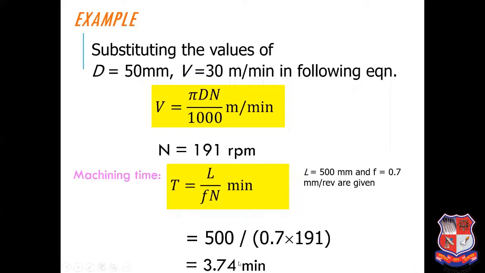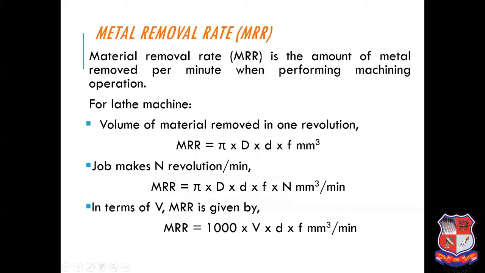So L, the length of the job, is given, L = 500 mm. Instead of saying L is the length of the job, we can say that it is nothing but the total tool travel. F is given as 0.75, and we have found out N. Therefore, by putting the values of the parameters, we will get the machining time of 3.74 minutes.